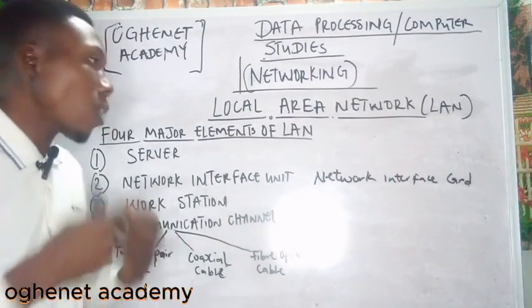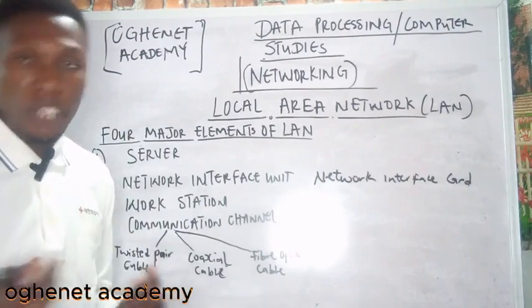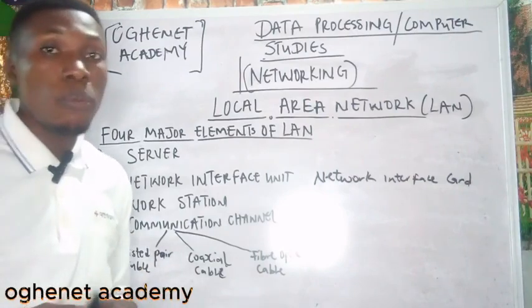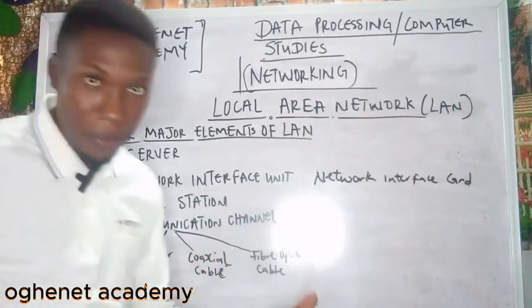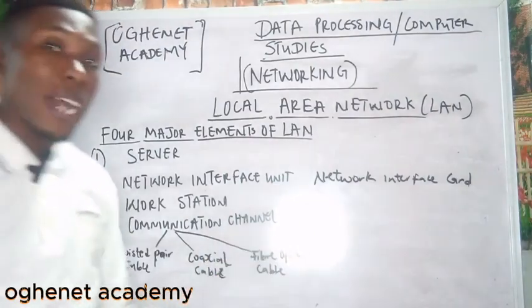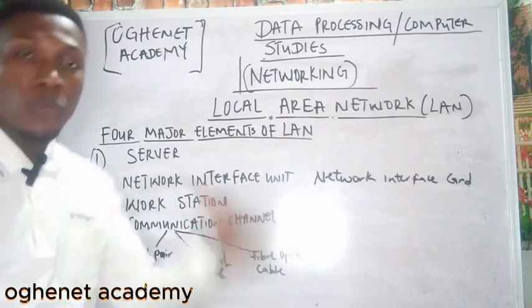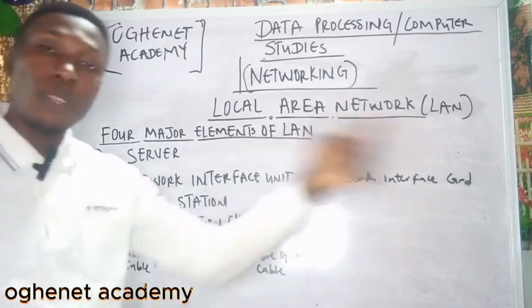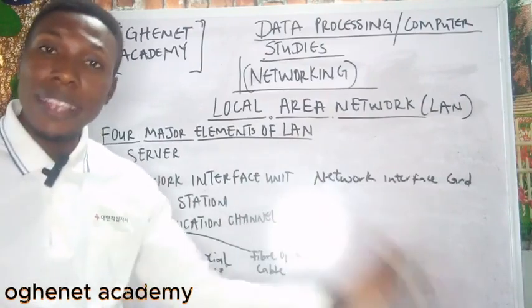So you can look at the network interface unit as a bridge. Let's say, for instance, I want to move from one particular point to another, and in trying to do that, there is a large body of water between where I am and the place that I'm supposed to go to. How can I get there?